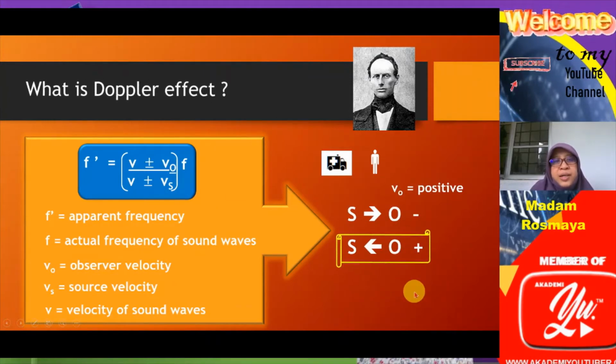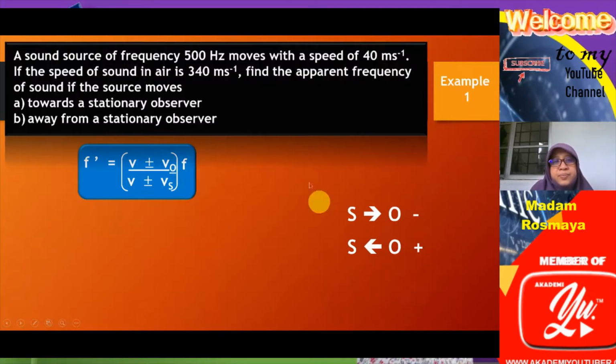Let's try an example. A sound source of frequency 500 Hz moves with a speed of 40 meters per second. If the speed of sound in air is 340 meters per second, find the apparent frequency if A, the source moves towards a stationary observer, and B, away from a stationary observer.